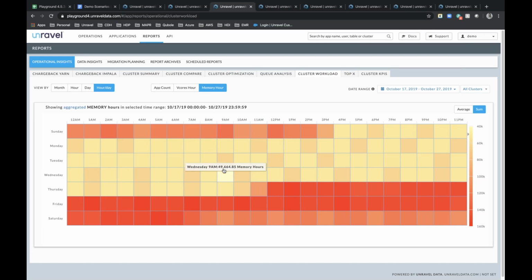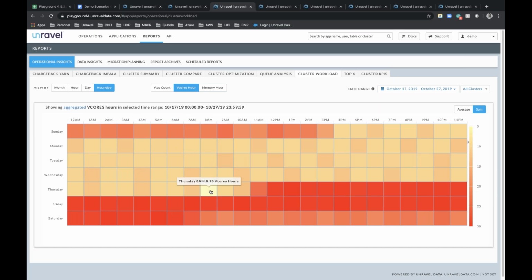In addition to that, we also provide very good graphical visualization, such as this heat map, for understanding how one or many clusters are being utilized within a 24-hour day, across 7 days a week, in 1-hour time slots. When is the environment the most busy from a memory standpoint or from a vCore standpoint?